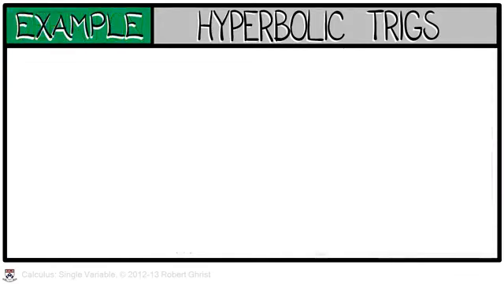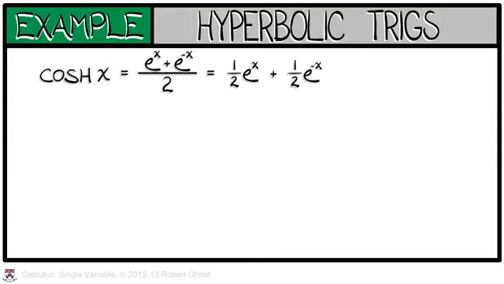Let's investigate these hyperbolic trig functions from the point of view of Taylor series. For example, if we consider the hyperbolic cosine of x as 1/2 e to the x plus 1/2 e to the minus x, then it's clear how to compute the Taylor series.